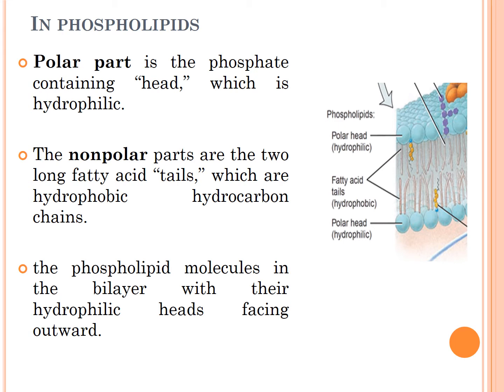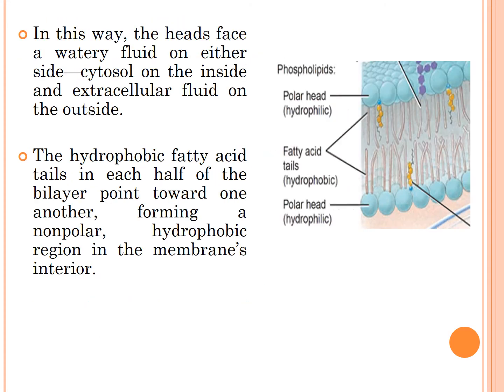These hydrophilic heads always remain outside, and the fatty acid tails remain on the inner sides. In this way, the heads always face watery fluids on either side, cytosol on the inside and extracellular fluid on the outside.